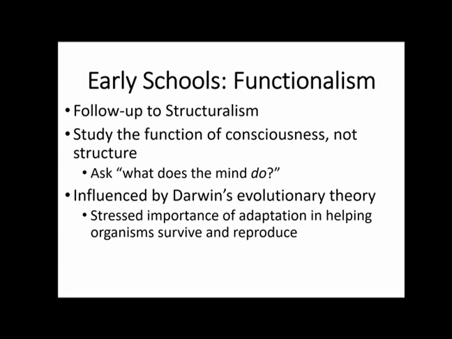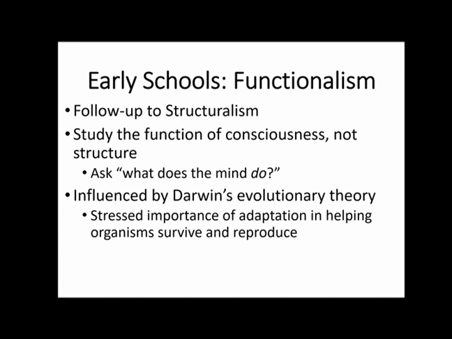And we'll talk more about the specifics of evolution and adaptation as we get into those chapters in the textbook, but we'll just touch on it very briefly here. And so if we want an example to help differentiate structuralism versus functionalism, we could consider our hands.